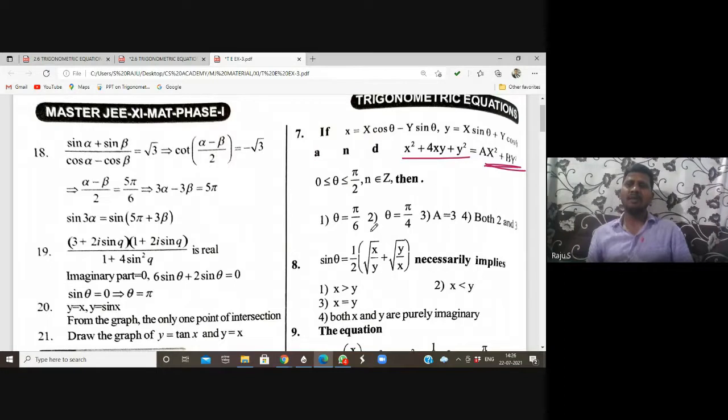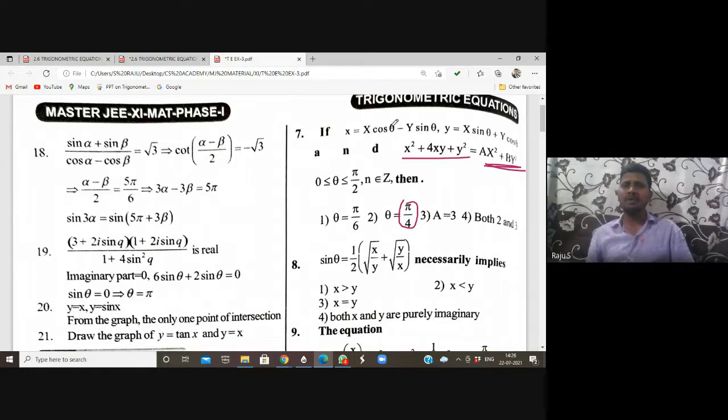So when we substitute theta is equal to pi by 6, for what value of theta will both be equal? That's it. It's better to take pi by 4 once.